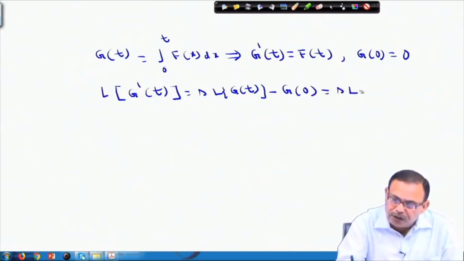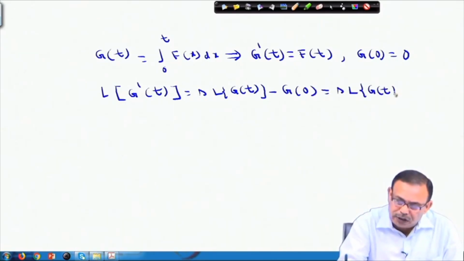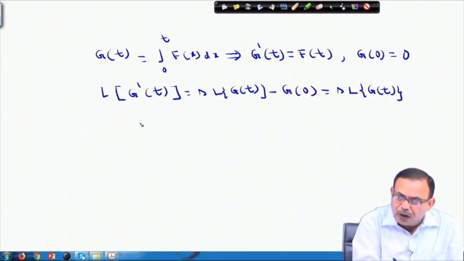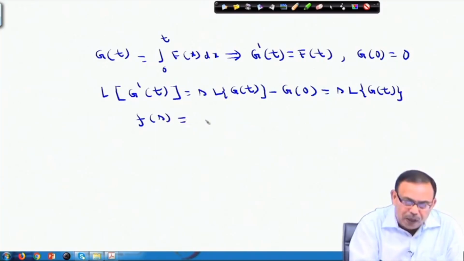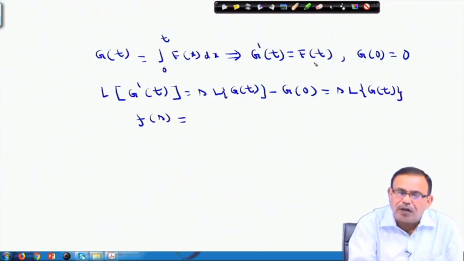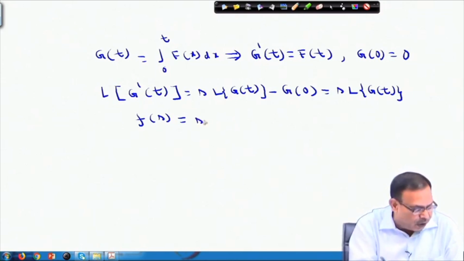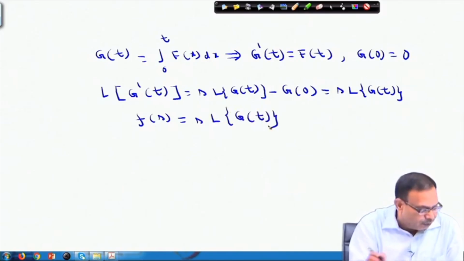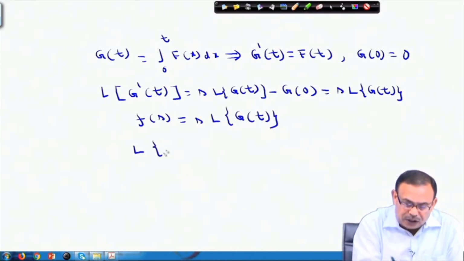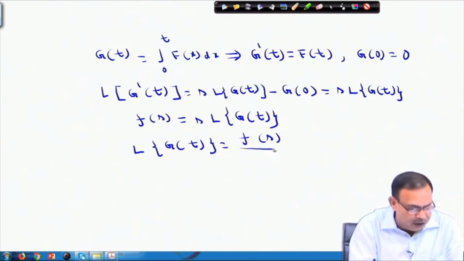So, you can simply write this as s times the Laplace transform of g(t). In other words, F(s) is equal to the Laplace transform of g'(t), because g'(t) is nothing but f(t). So, Laplace transform of f(t) equals Laplace transform of g'(t) equals F(s), and this F(s) equals s times the Laplace transform of g(t). Therefore, the Laplace transform of g(t) equals F(s)/s.